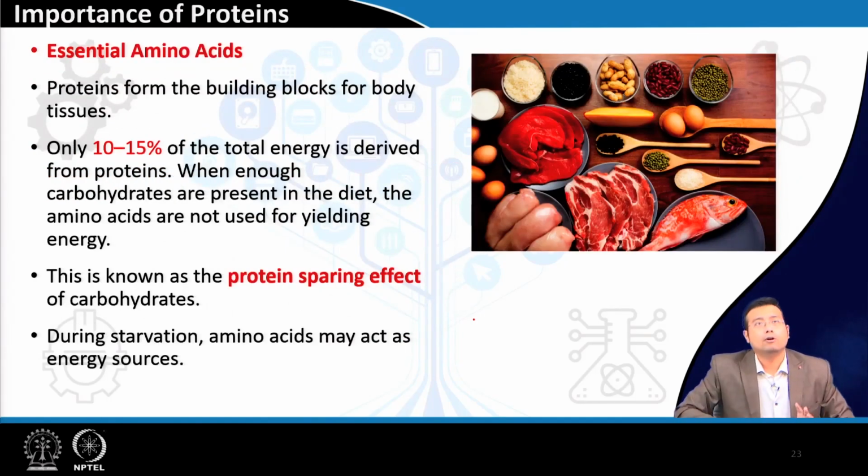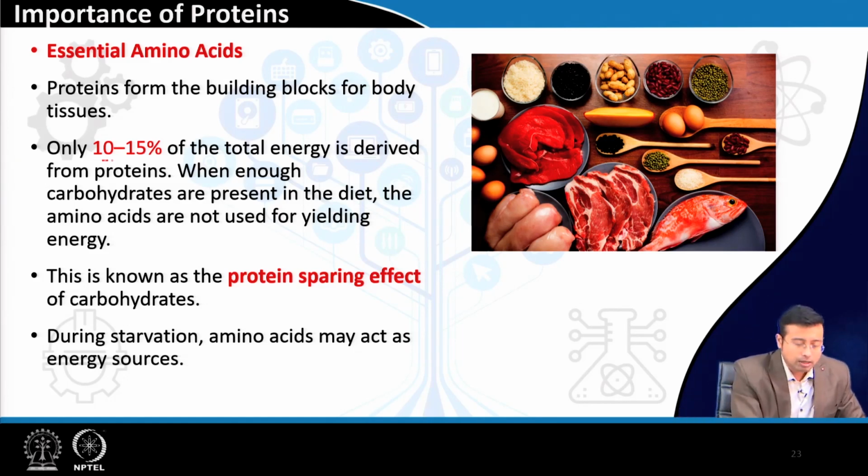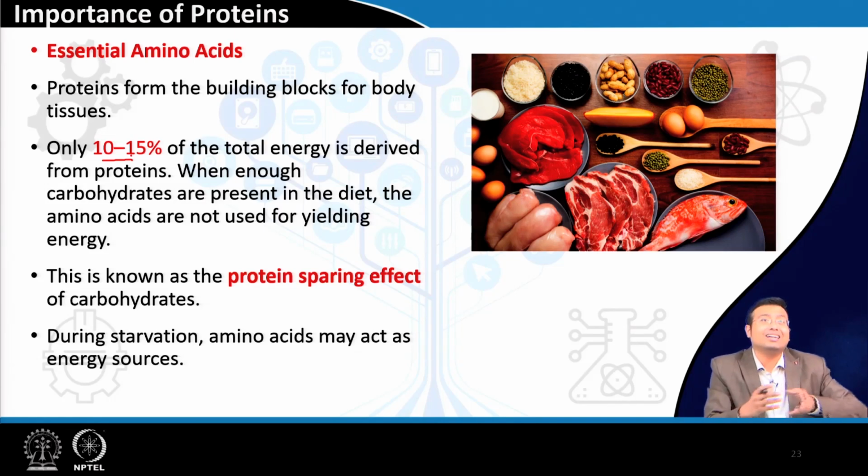We move on to protein. Proteins are essential building blocks. We have studied essential amino acids, meaning amino acids which need to be mandatorily provided from outside. So, we need some protein in the diet. How much? 10 to 15% of the total energy is derived from protein, and we need to keep that in mind.